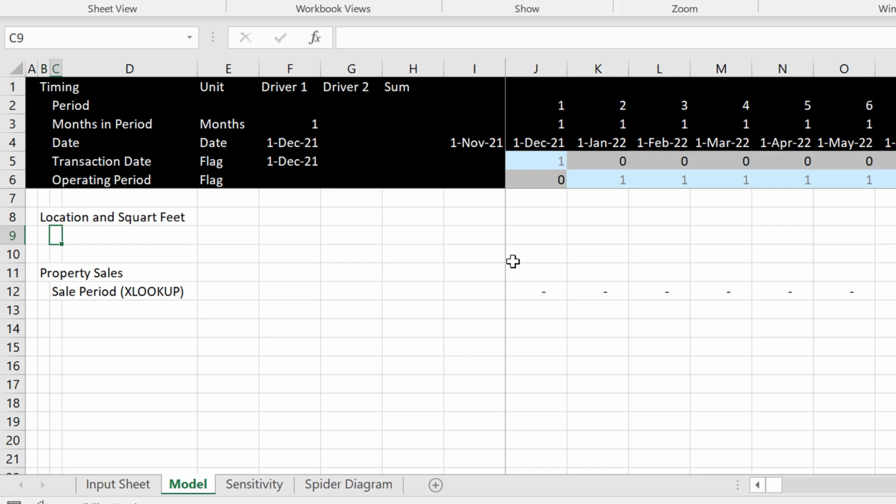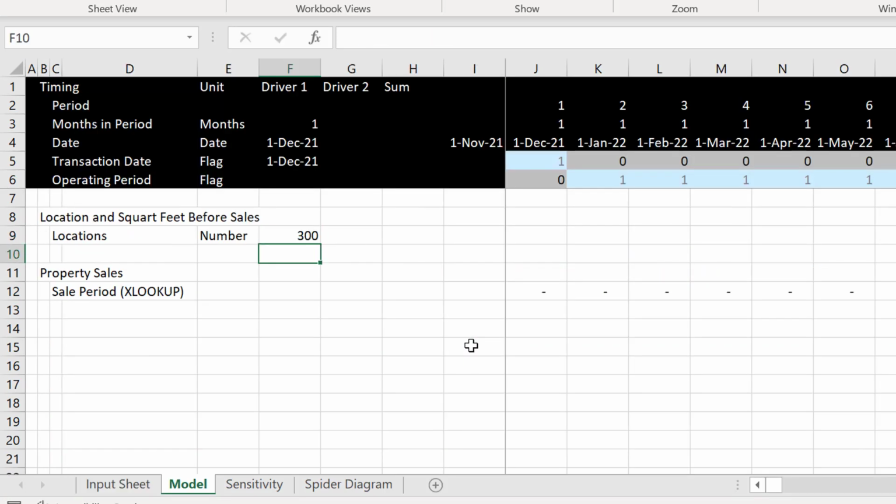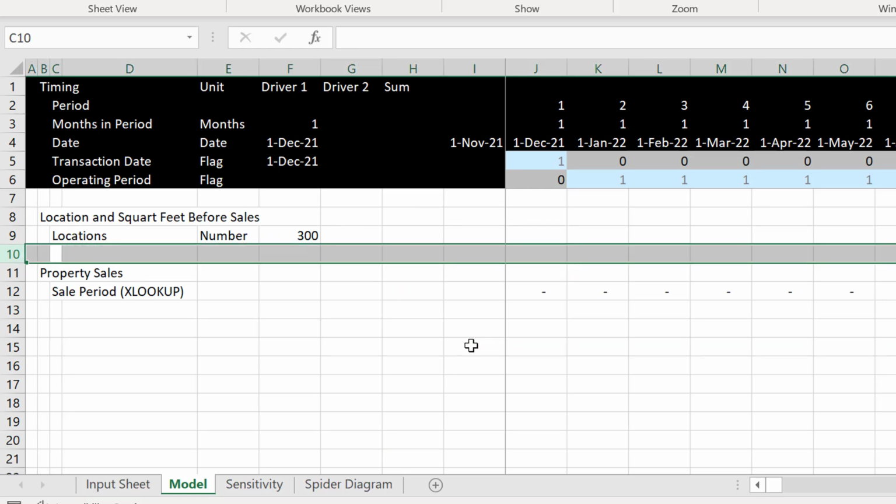Okay, and let's put location before sales. Okay, so let's put number, and let's get that driver from our input sheet, and then we'll get the square feet.